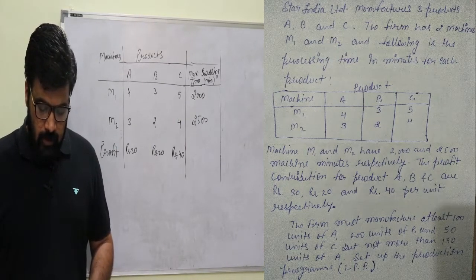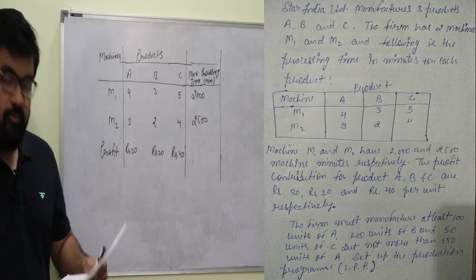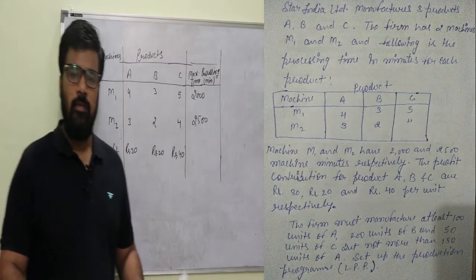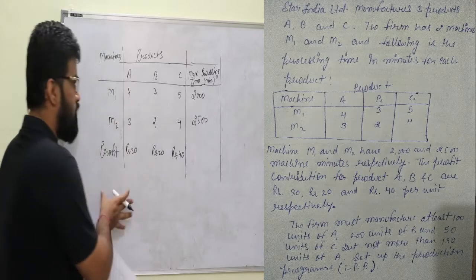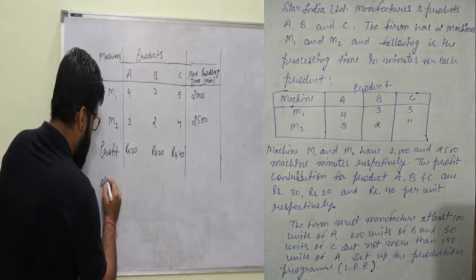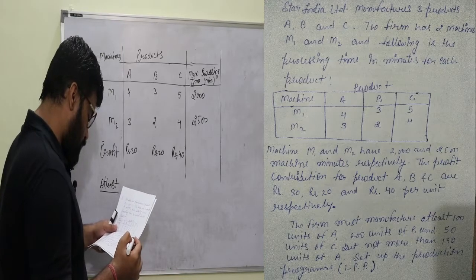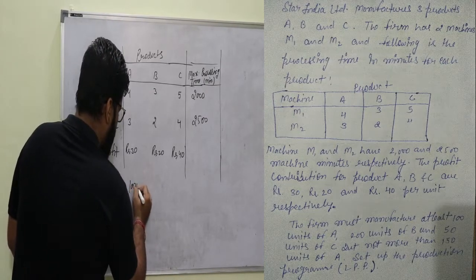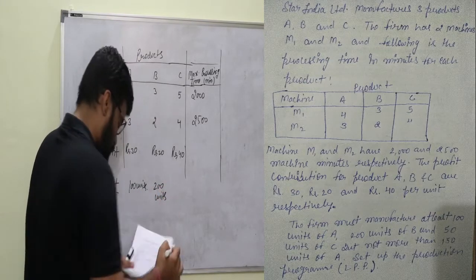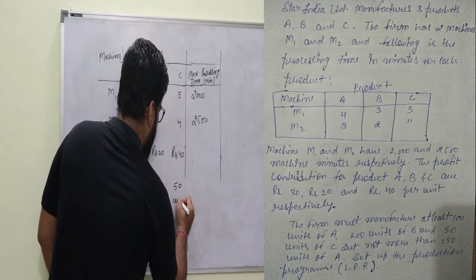The firm must manufacture at least 100 units of A, 200 units of B and 50 units of C. This is the new thing in this case. This is the one thing we need to understand in this case. Watch carefully, I am mentioning it here: at least 100 units of A, 200 units of B and 50 units of C should be manufactured.